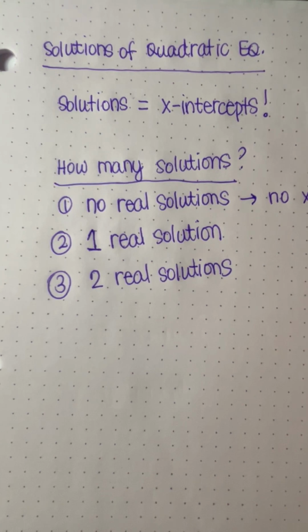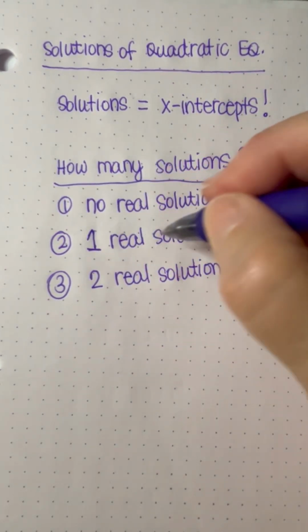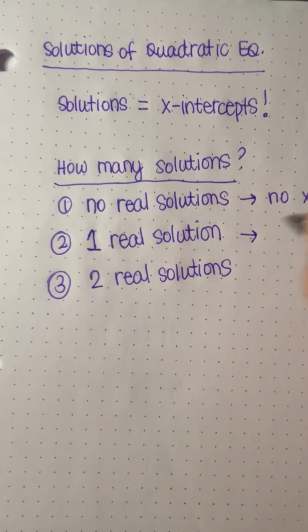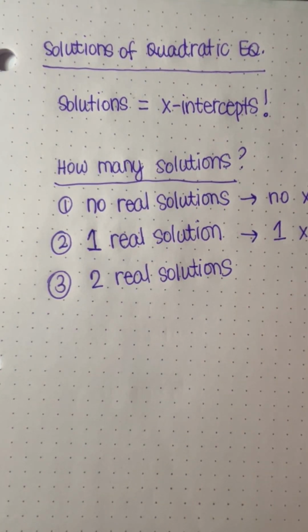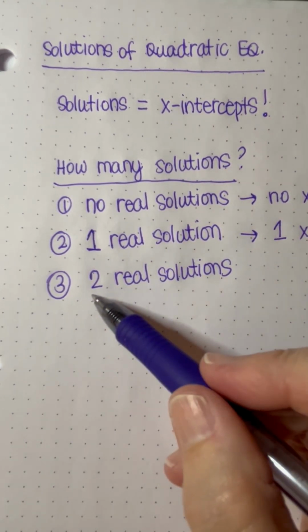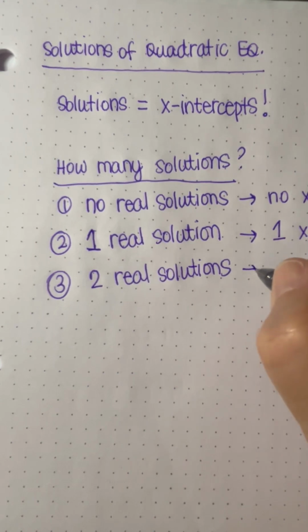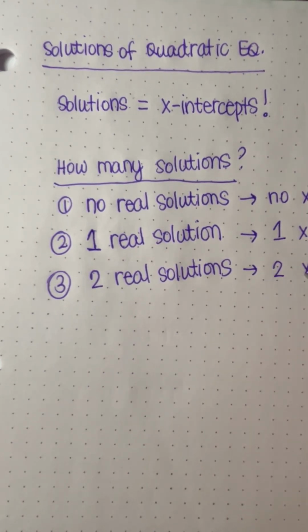That means the graph shouldn't hit the x-axis at all. If there's one real solution, then there should be one x-intercept. We should see the graph hit the x-axis one time. And then finally, if there are two real solutions, there should be two x-intercepts. So always keep in mind that that word solution means x-intercept.